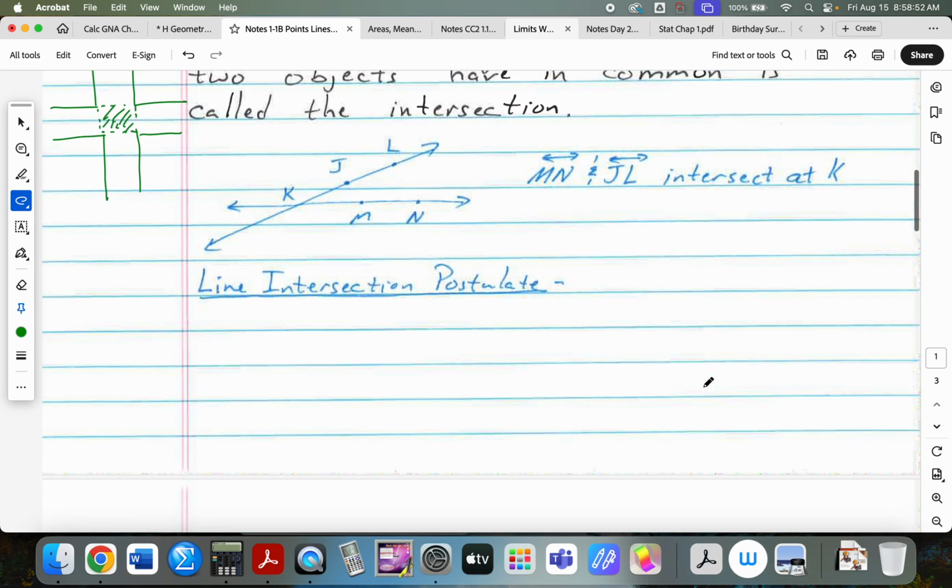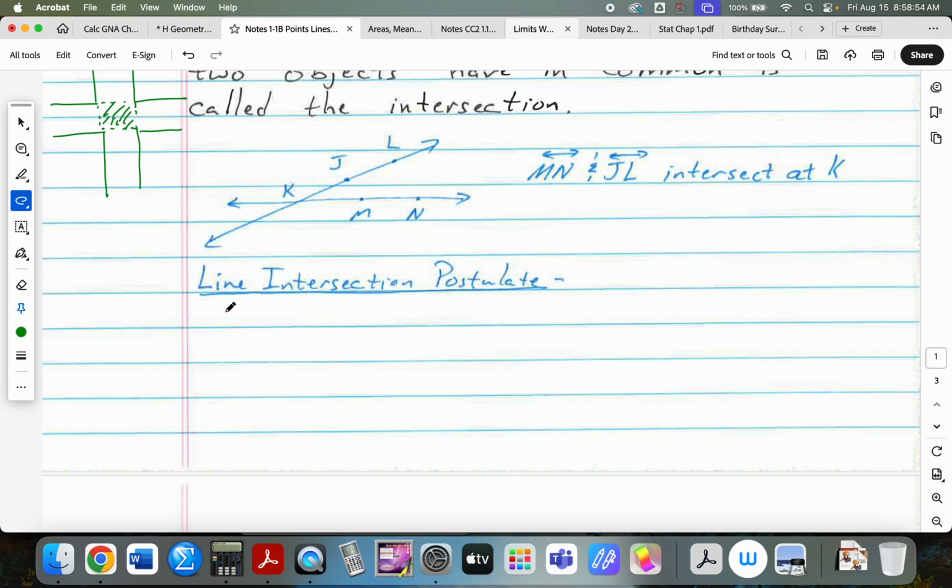So the line intersection postulate simply says if two lines intersect, they intersect at exactly one point.